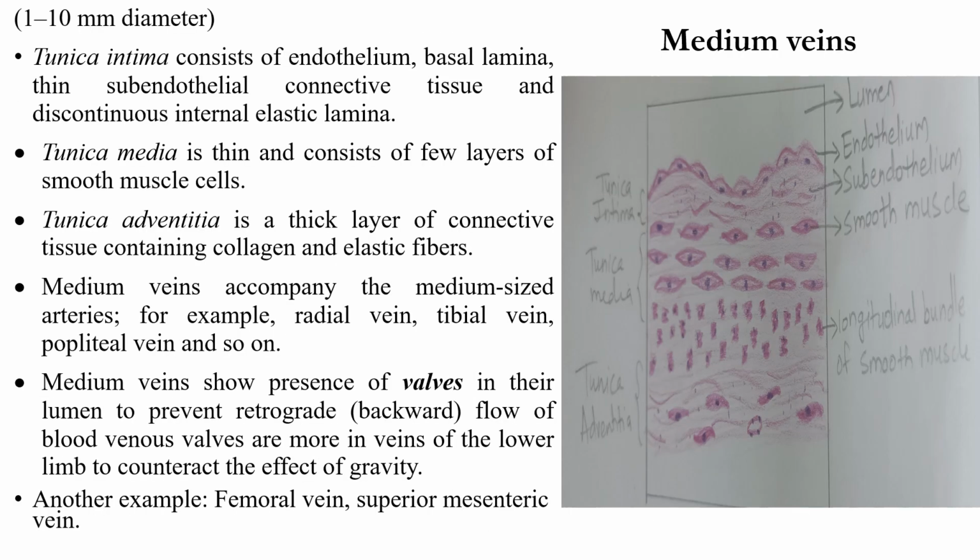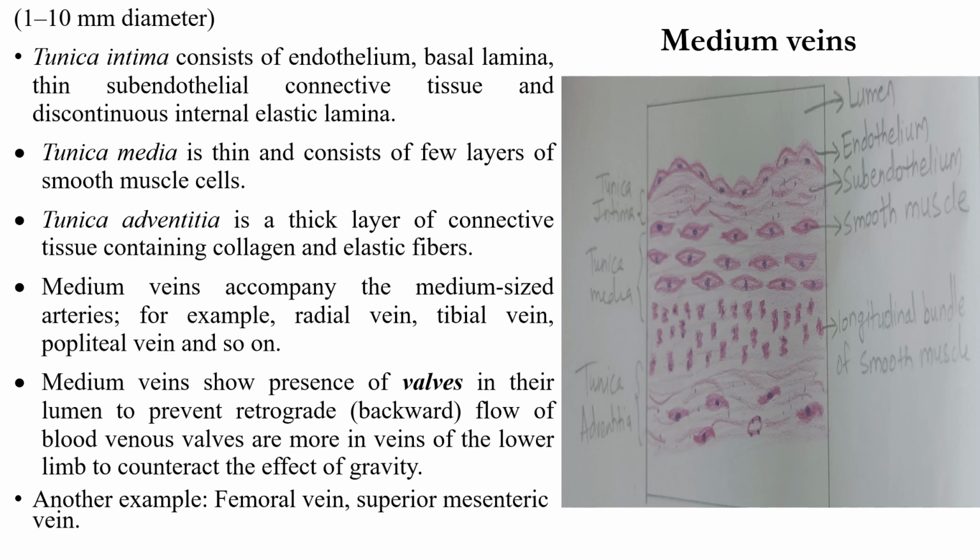When the diameter of veins is between 1 to 10 millimeter, they are known as medium-sized veins. Here the three layers, that is tunica intima, tunica media and tunica adventitia, are not well defined. We cannot differentiate these three layers. So first, again, here there is tunica intima.